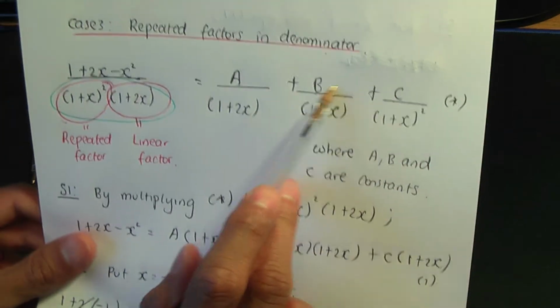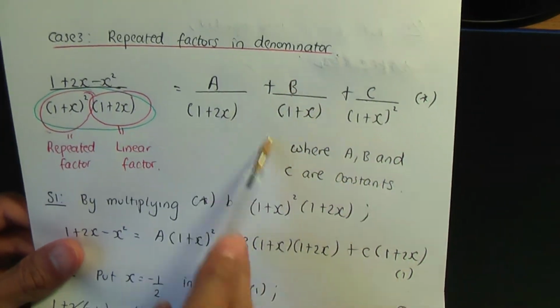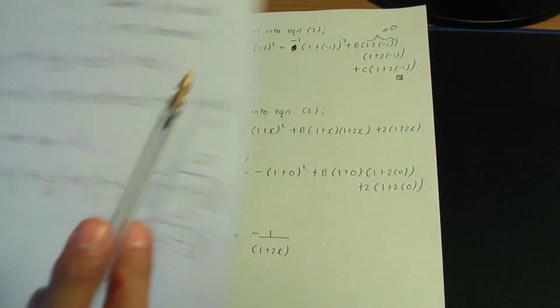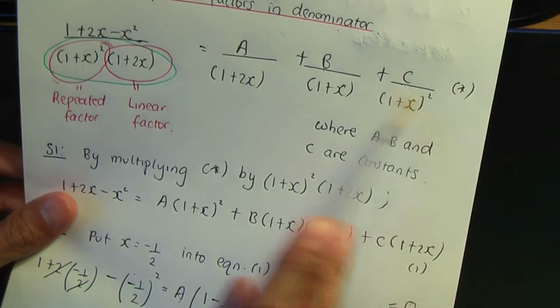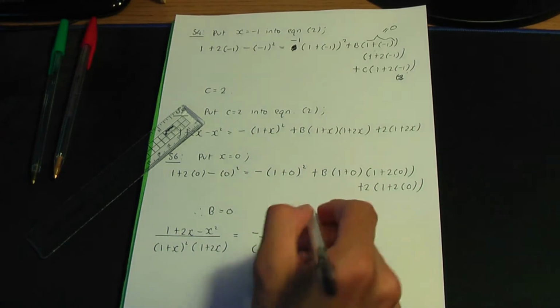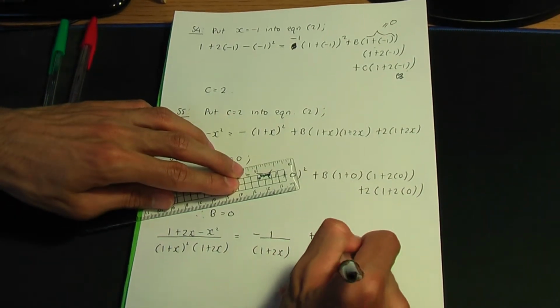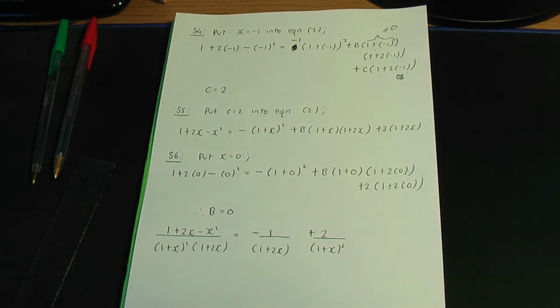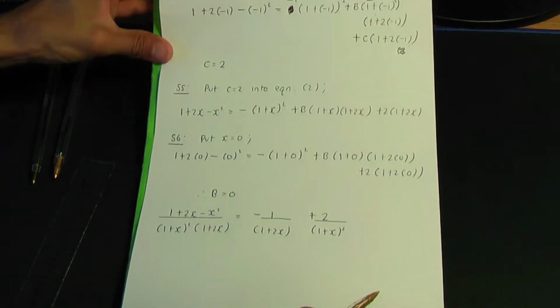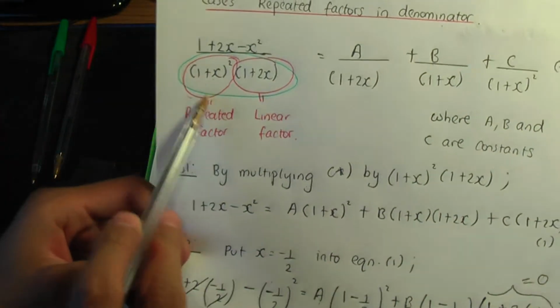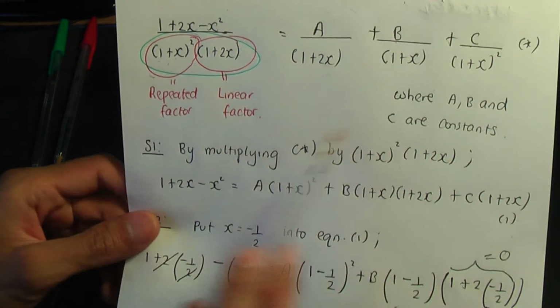Now b is 0, remember, so that eliminates that term. And our c value is 2, so plus 2 over 1 plus x squared. So that explains case number 2, how you would deal with repeated factors in your denominator.